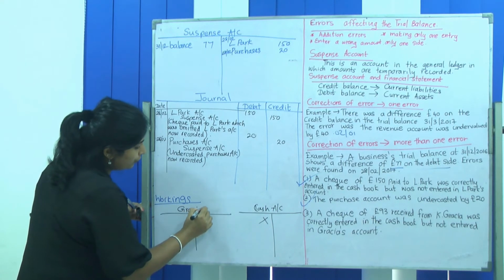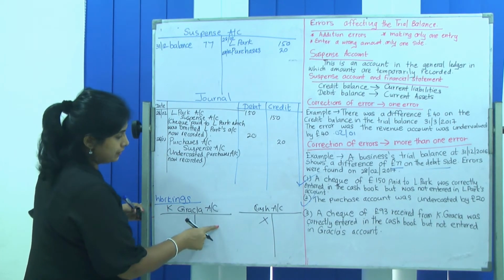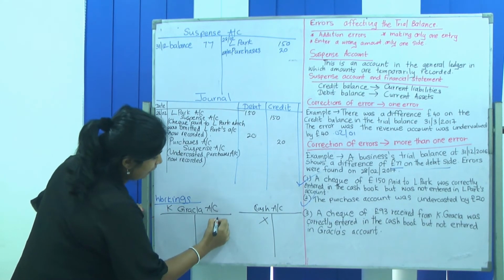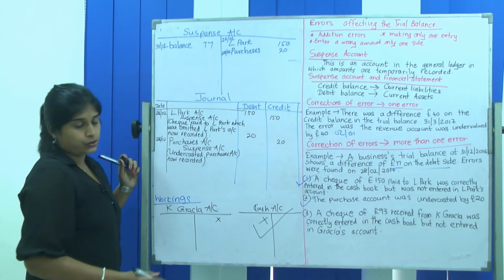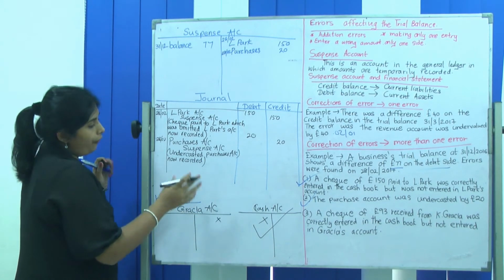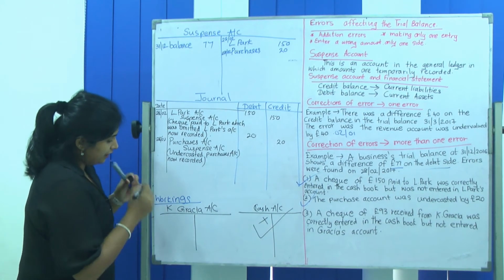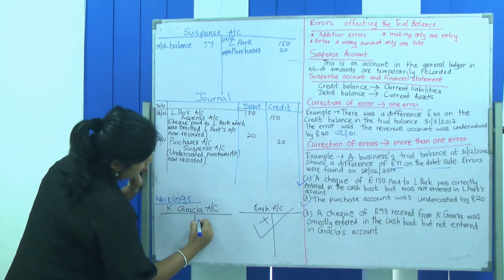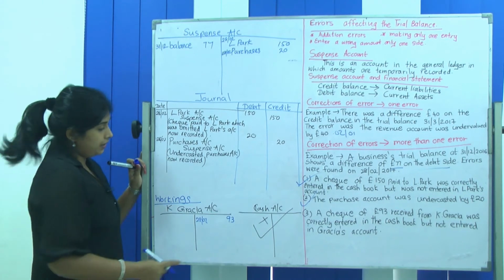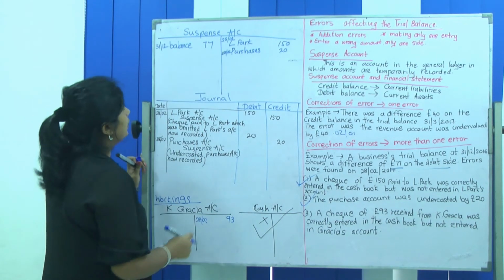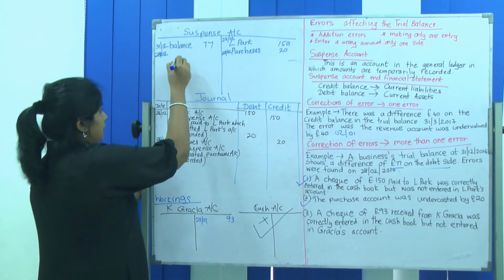The person from whom you receive, that means K. Krasia, that person's account will be credited. The bookkeeper has forgotten to record it in Krasia's account. So to correct the error, Krasia's account on 28th February, amount 93, should be credited, and the one and only account to debit is the suspense account. So the suspense account will be debited as K.